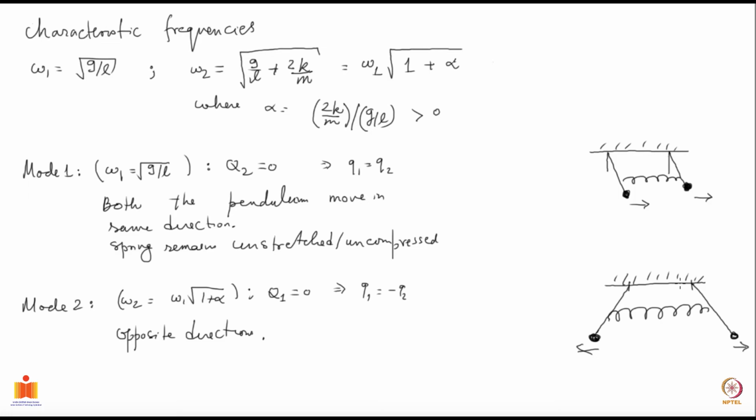Okay, I will clarify this point a bit more, but what I'm saying is, as time goes on, if you have your system oscillating in one particular mode, then the shape which is in front of you does not change with time. It just becomes smaller and bigger. Okay, or remains the same.